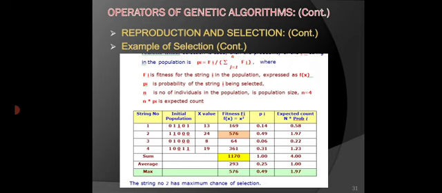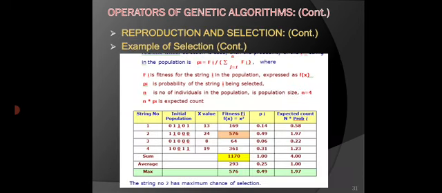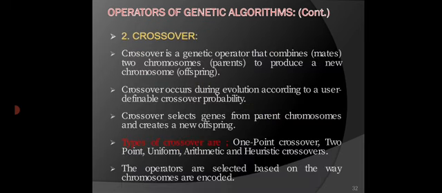This is the selection procedure according to roulette wheel selection. I hope it is clear. So we have selected that string to get the maximum result. So our string 2 is now selected for further calculation. So our next operator is crossover.